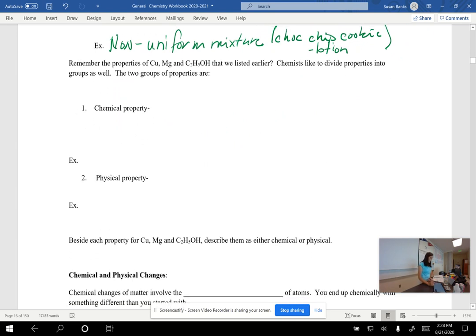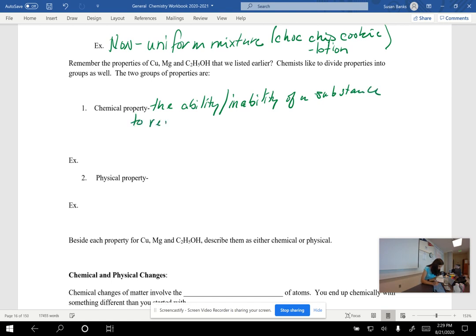Okay, so let's talk about chemical and physical properties. Chemical properties are properties, basically the ability, it could also be the inability, of a substance to react to form something new.